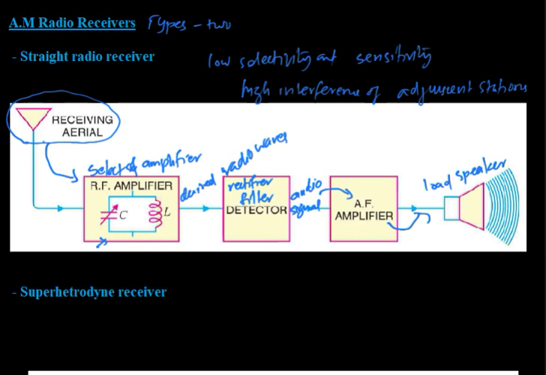Nowadays almost all AM radio receivers use a new type of receiver called a superheterodyne receiver.